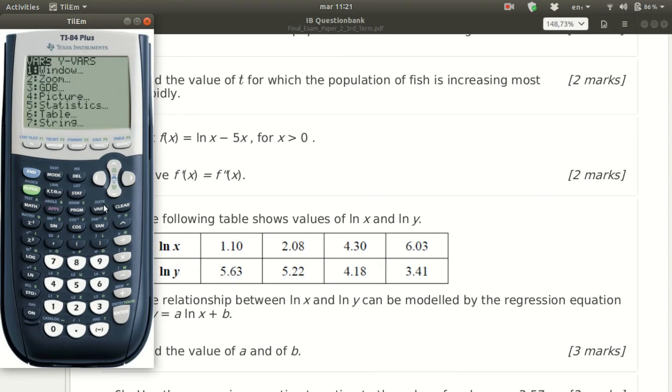So vars, y vars, y2, which is the derivative. So this would be the derivative of the derivative. And you can do x equals x, okay? And again, we're going to disable the first one because I only want to look at the first derivative and the second derivative. All right, let's set our window to standard and let's look at the graph.